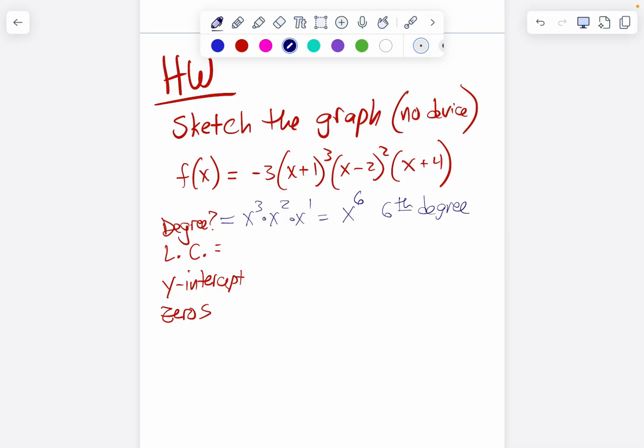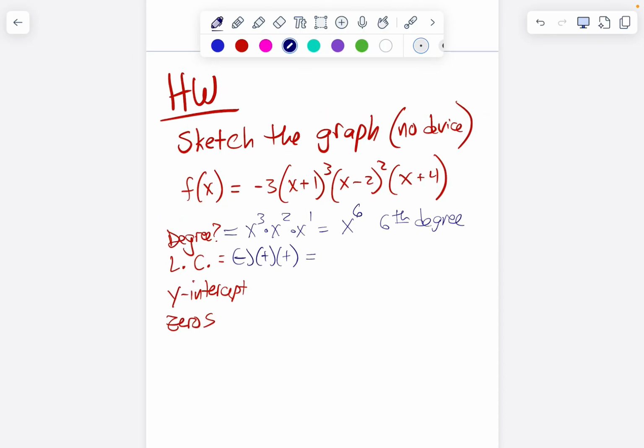Even if it was negative, it would be negative times negative because it's squared, so it would be positive anyway. And then here that's positive as well. So it's negative times positive times positive. What does that give you? Who cares what the number is? Remember, all we care about is the sign. That's negative, yep.